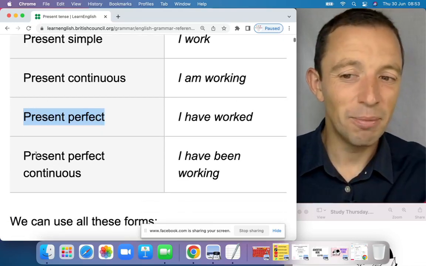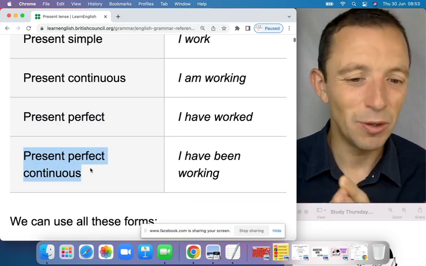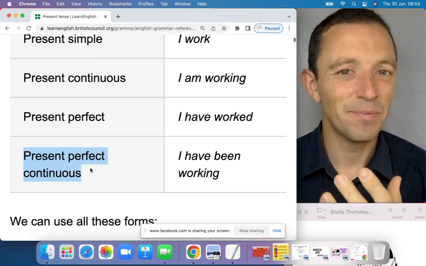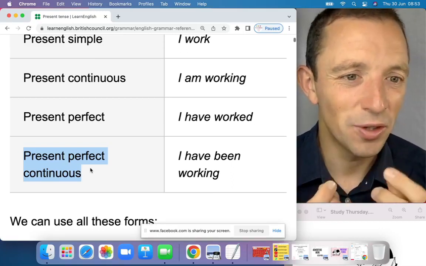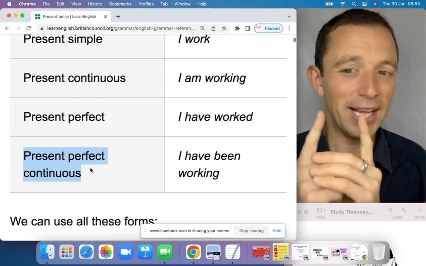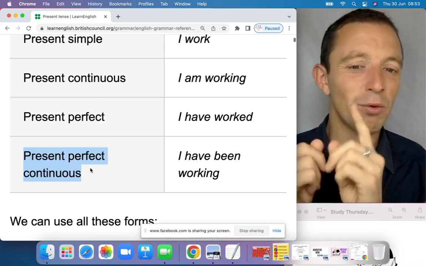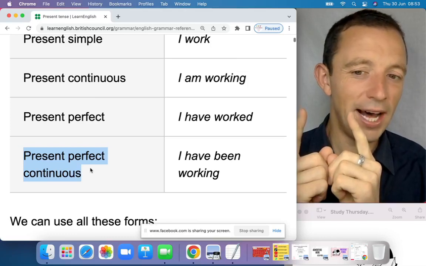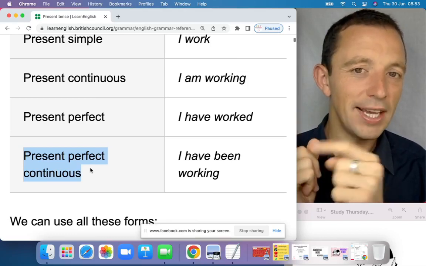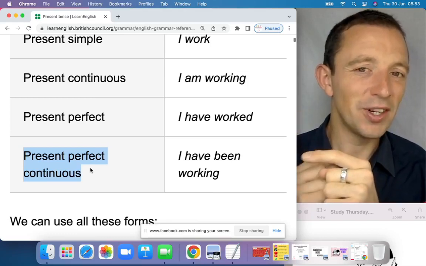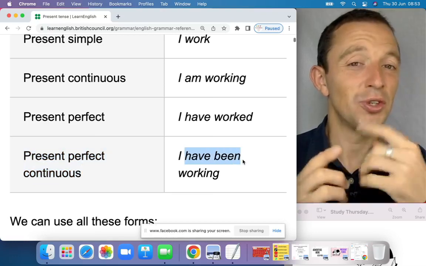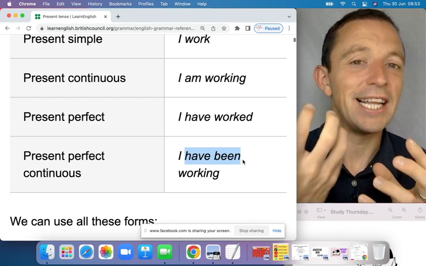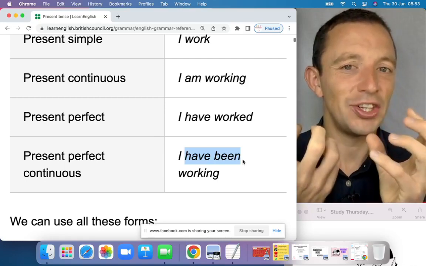Next, we have the present perfect continuous. Very technical explanation, very difficult really to understand, but basically the present perfect, if you remember, I have worked, and in this form the auxiliary is the verb to be, because to create the continuous we need the auxiliary to be and the ing.